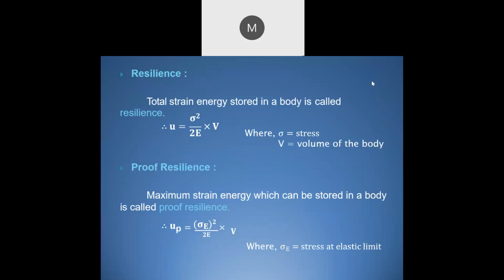What is resilience? It is the total strain energy that is stored in the body. It is denoted by sigma square by 2E into V, where sigma is the stress and V is the volume of the body.